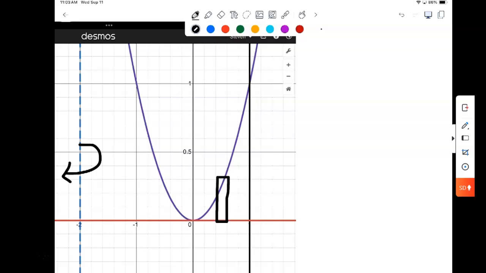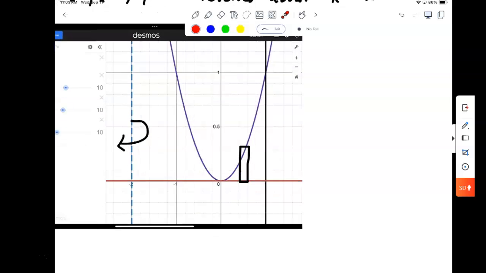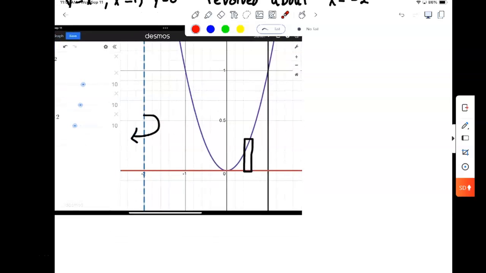And the region runs from 0 to 1. But in the formula, remember the formula is 2 pi x times f of x, the height.